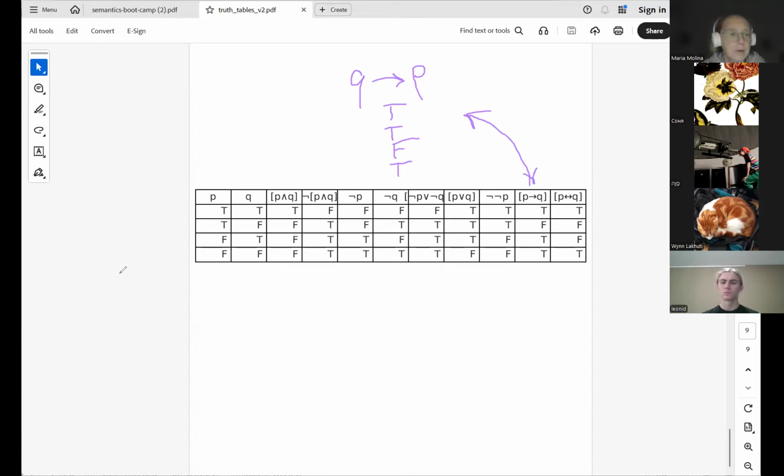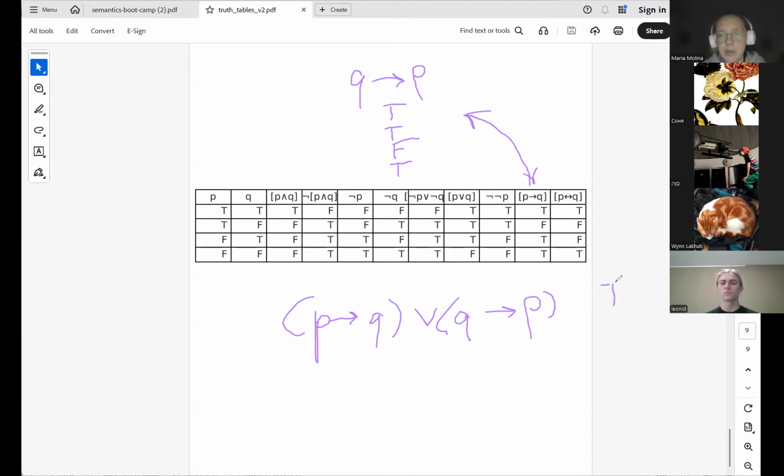And if we are looking at P to Q or Q to P, I think that's always going to be true. If P is true and Q is true, what does it give us? True.